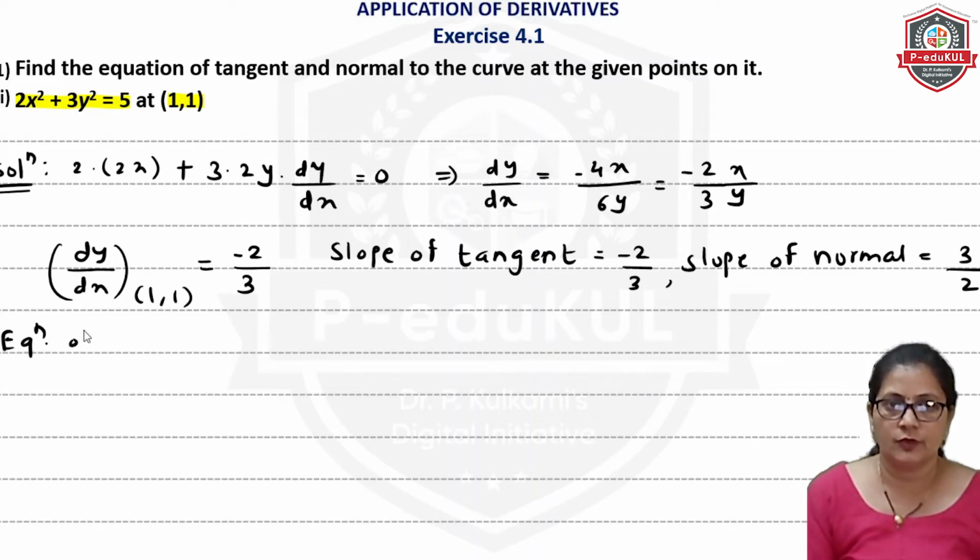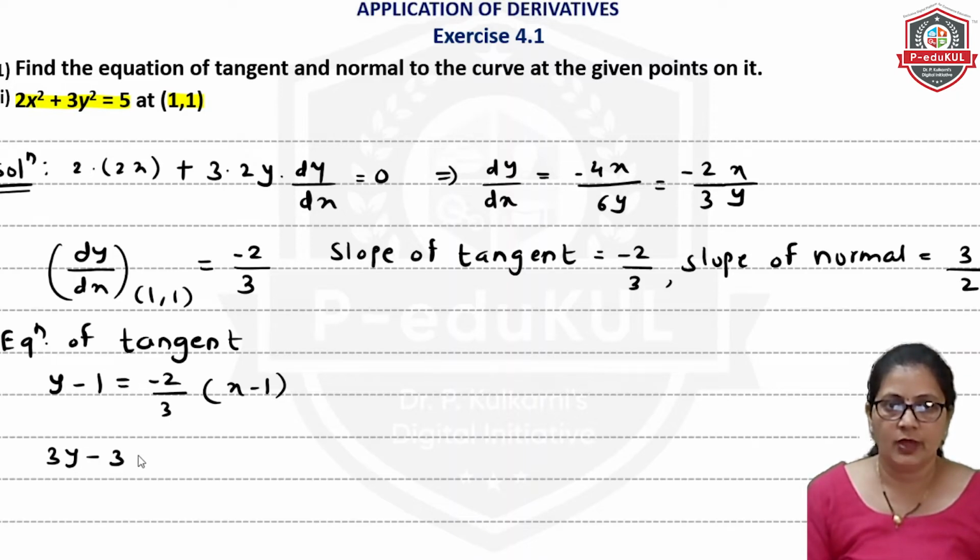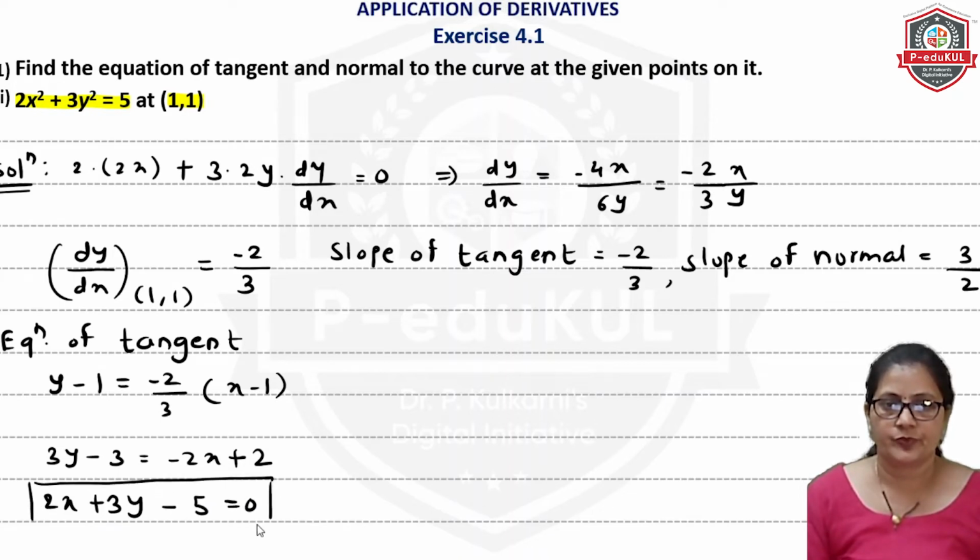So equation of tangent, y minus 1 equals minus 2 by 3 into x minus 1. So if I multiply this, 3y minus 3 is equal to minus 2x plus 2. So I'll get the equation as 2x plus 3y minus 5 is equal to 0.